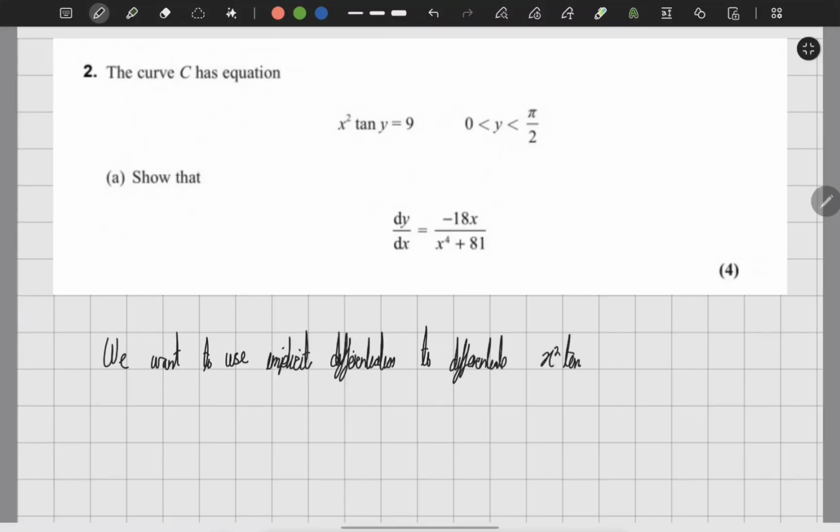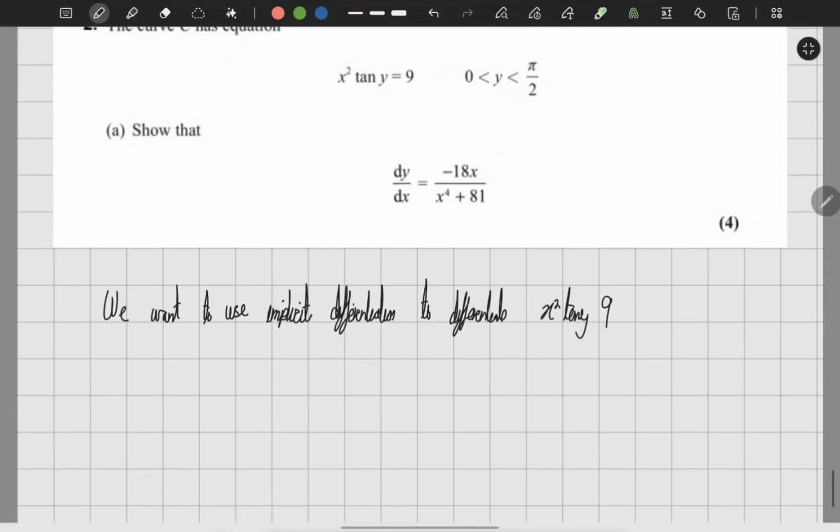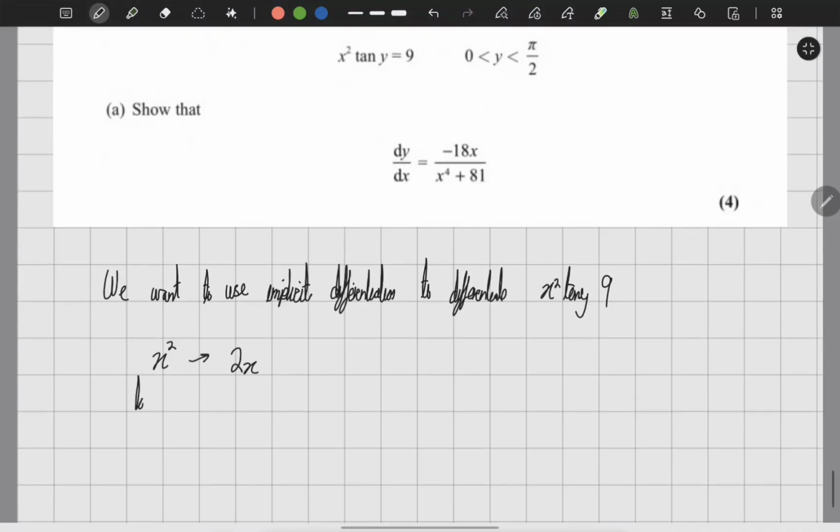So we differentiate with respect to x. We're still doing dy over dx. So x squared, if we differentiate this, it will turn into 2x, just chain rule. And then tan y: tan x goes to sec squared x, you should know that as a standard one.